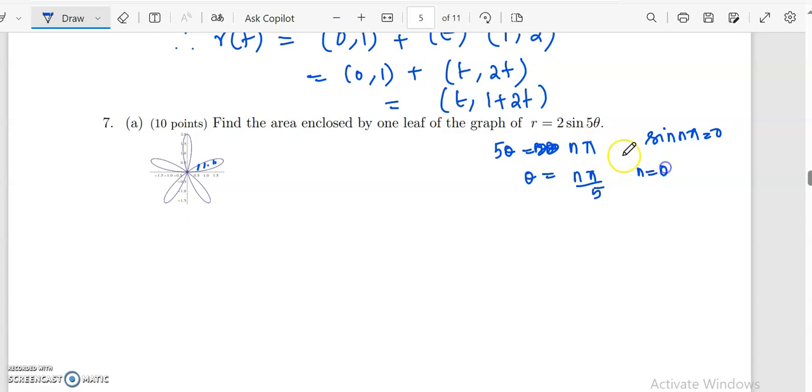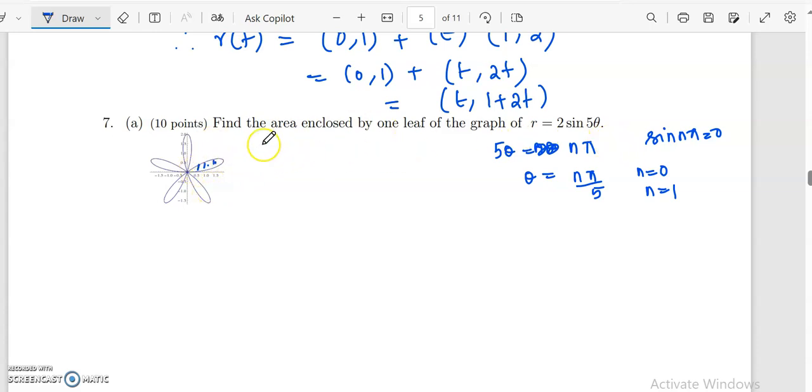Now when n is equal to 0, we have theta equal to 0. So in that case sine will be 0. And when n is equal to 1, we have theta equal to pi by 5. So in that case, we get sine pi, which is equal to 0.